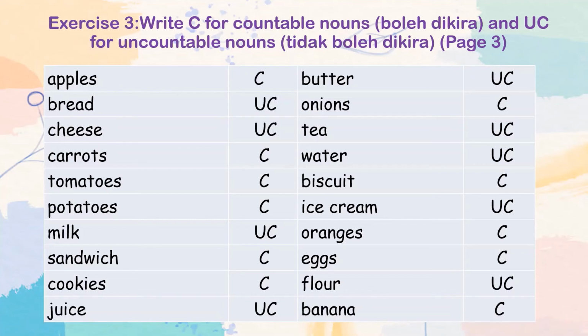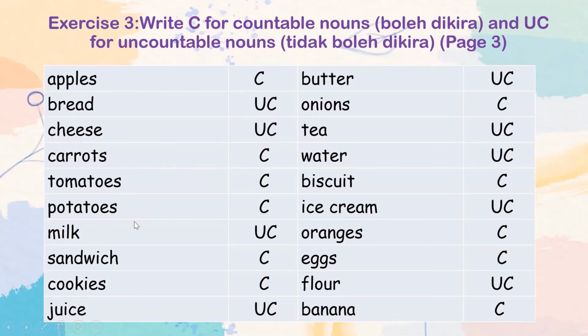The same thing for cheese. Okay, cheese is uncountable, but you can count cheese in slices. Okay, beberapa keping cheese, keju, ataupun a block of cheese, satu block keju, yang itu boleh dikira. But the cheese itself is uncountable. Okay, next are carrots. Carrots is countable.